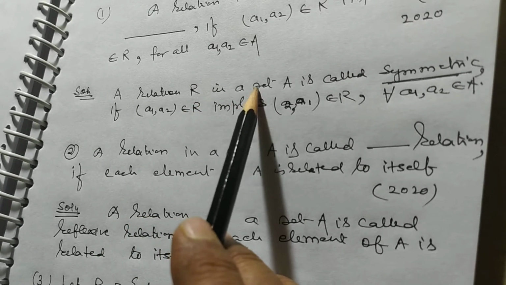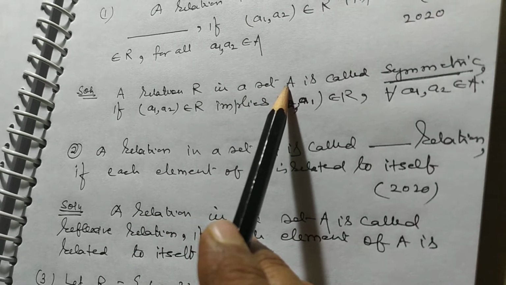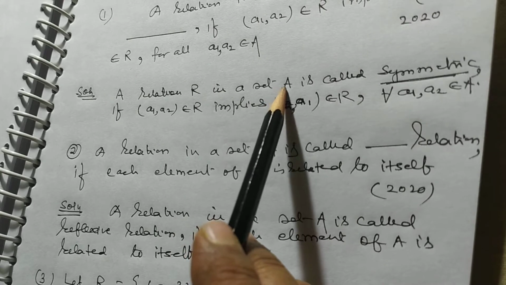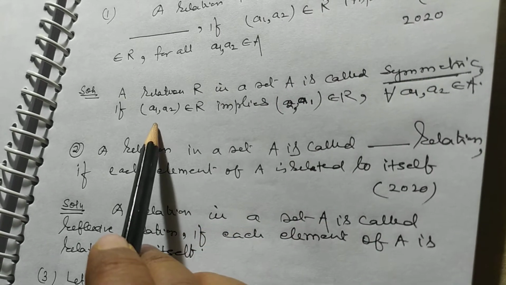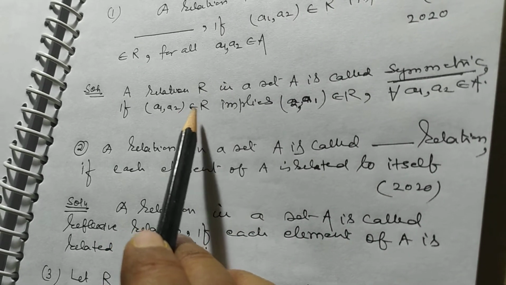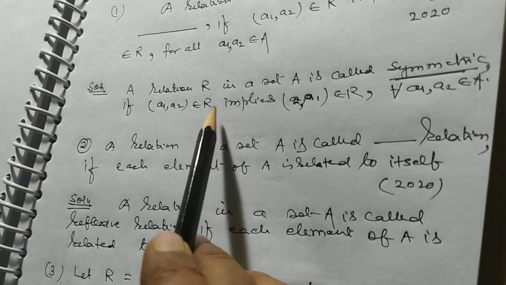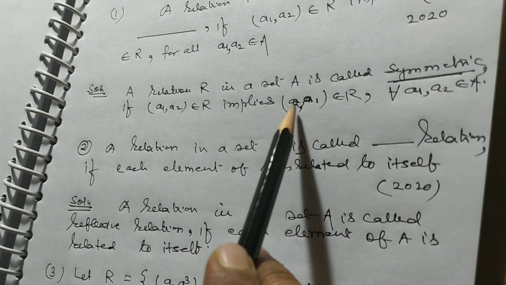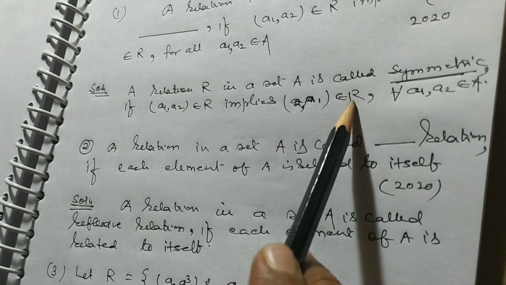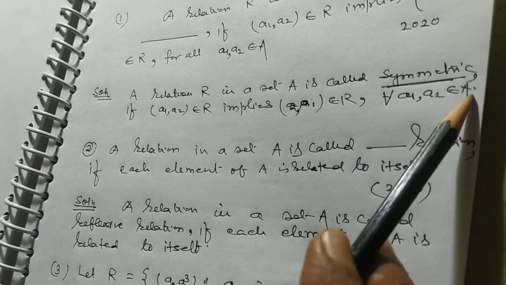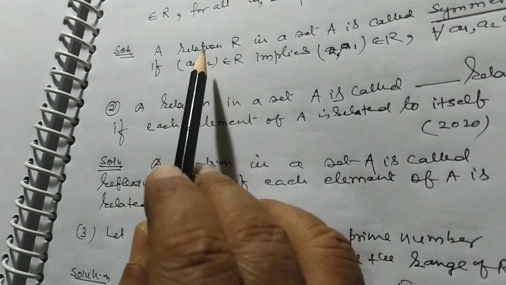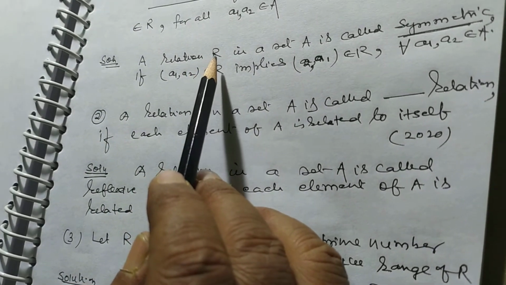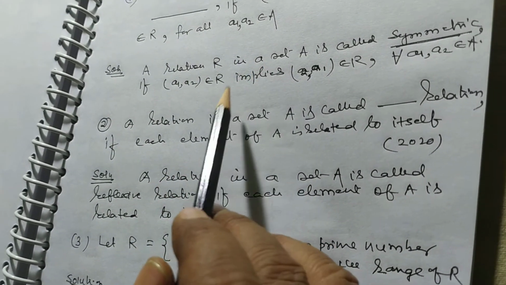A relation in a set A is called symmetric if (a1, a2) belongs to R implies (a2, a1) belongs to R, for all a1, a2 belongs to A. My dear students, this is the definition of symmetric relation.